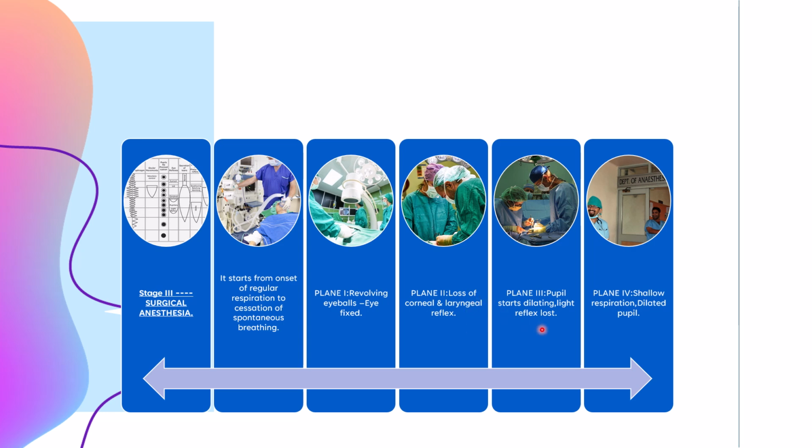Plane 3 is nothing but the pupil starts dilating and the light reflex is lost. We can check by using a torchlight or anything. If we focus it on the eye, they are unable to close the eyelid. This is the loss of light reflex. This is the most suitable plane for performing surgery, so stage 3 and plane 3.